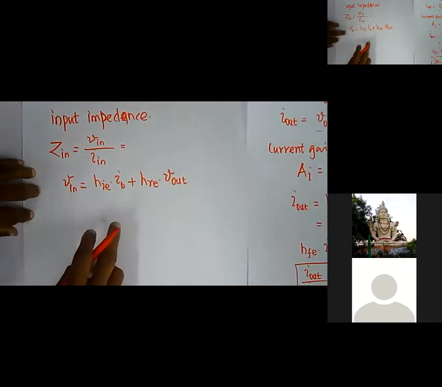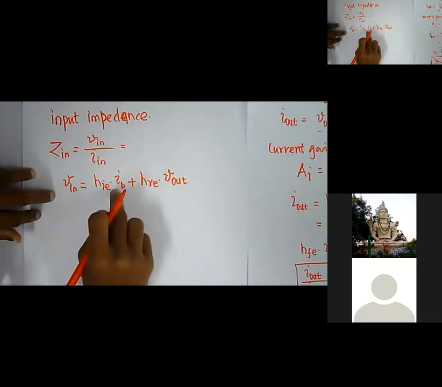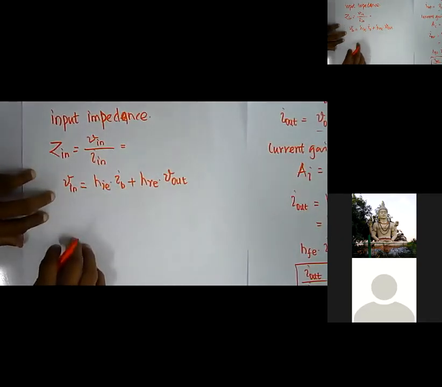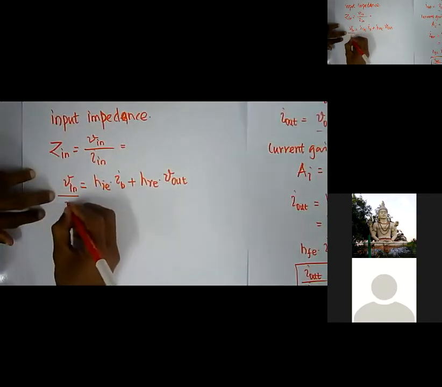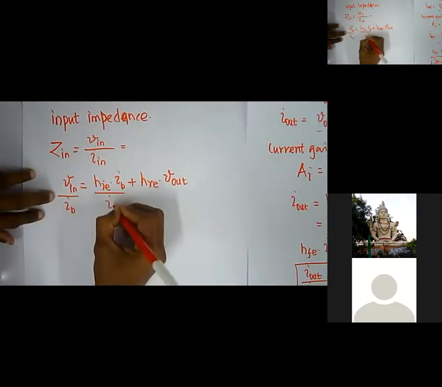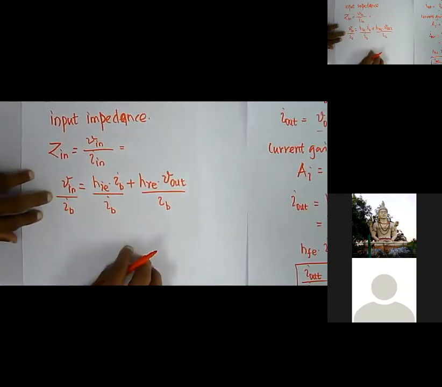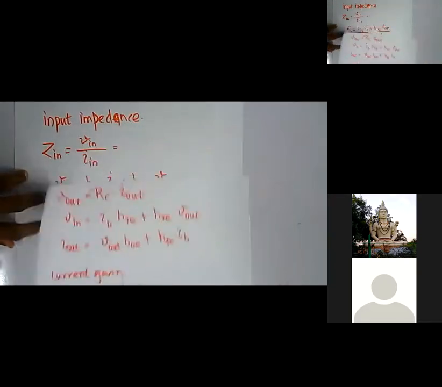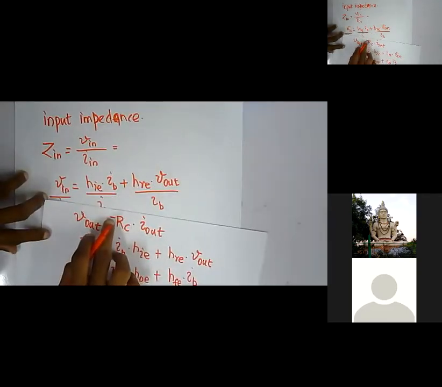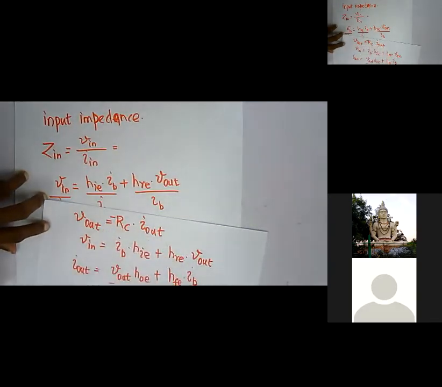Clear? What I can do is simply divide everything by IB. Also I can write my V out as minus RC into I out.